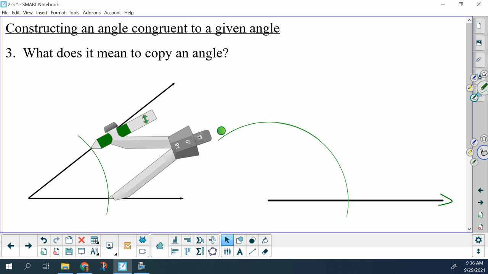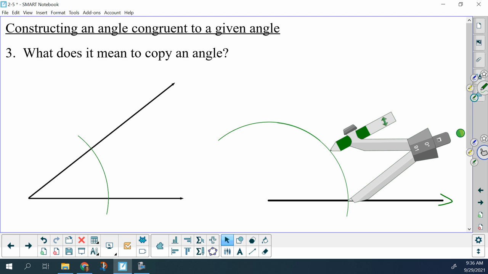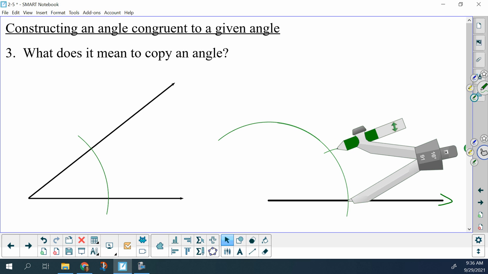Measuring that opening. So now I take that measurement, and I have to move it. So slide it on down. Mark it.